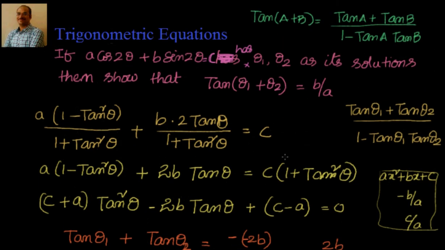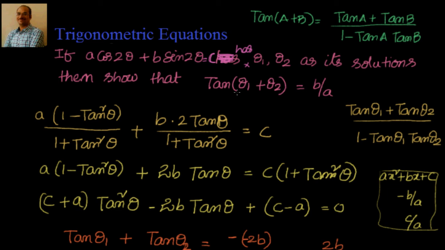So, we have done that. We have got it in the form of a tan square theta plus b tan theta plus c. So that I can say tan theta 1 plus tan theta 2 equal to minus of b by a, tan theta 1 into tan theta 2 equal to c by a.